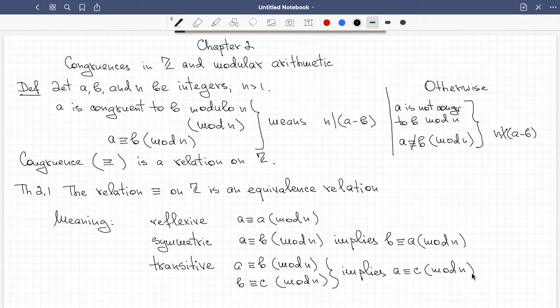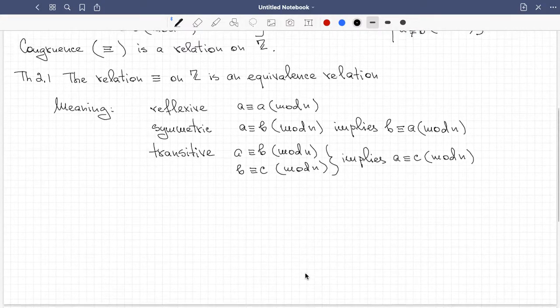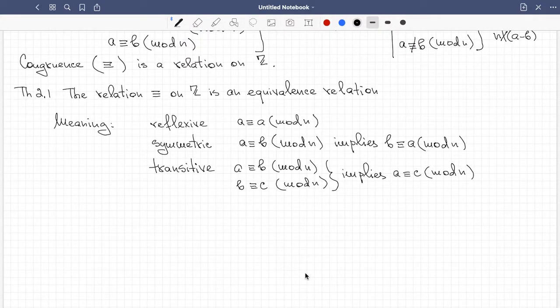The proof that all these three requirements for being an equivalence relation are satisfied is absolutely straightforward. You can do it yourself or look it up in the book. That's very easy, as soon as you understand what you are doing.